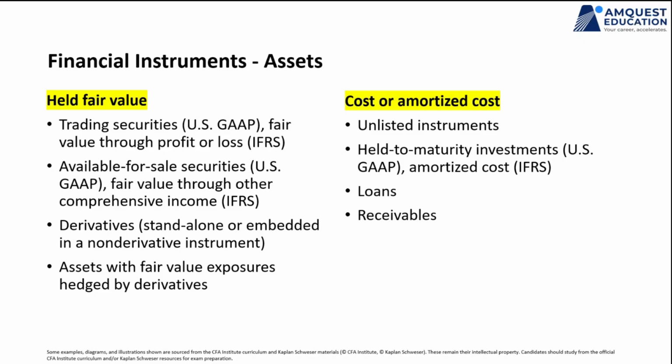So if you classify a security as held at fair value, then such securities, if there's any profit or loss, is recognized in the profit and loss statement under IFRS. Available for sale securities under US GAAP, fair value through OCI, right? So if you remember OCI, we said other comprehensive income does not impact balance sheet. It does not impact profit and loss statement.